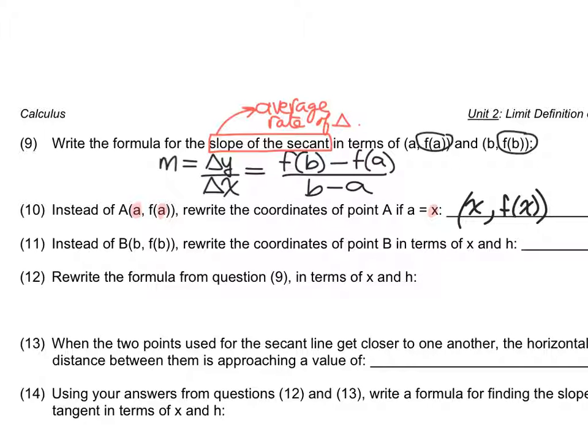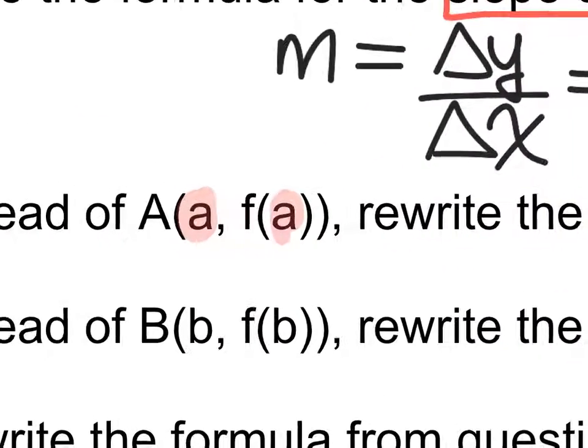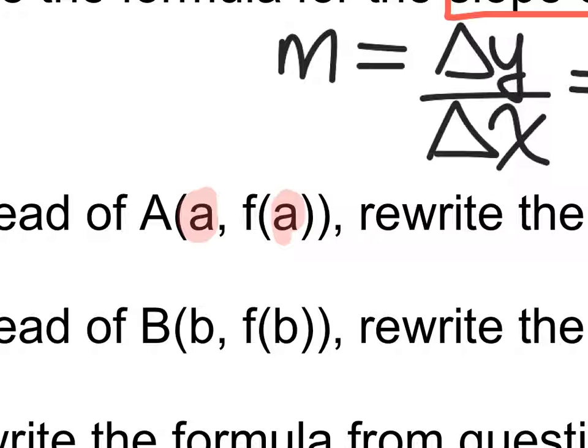So what we have to do is think about the relationship between the A value and the B value. Going back to the previous page, how did we get from the A value to the B value?